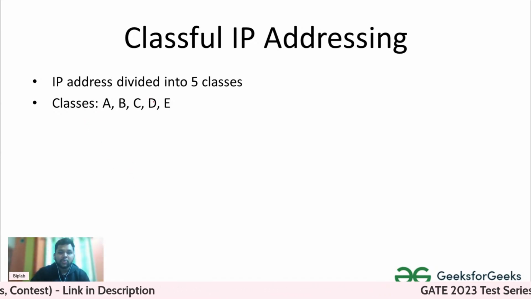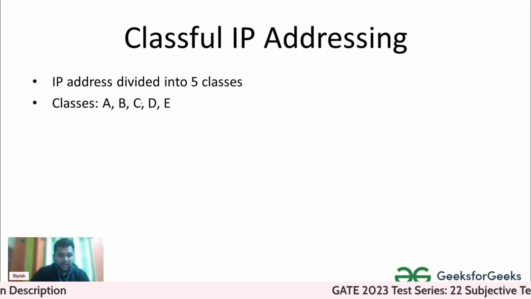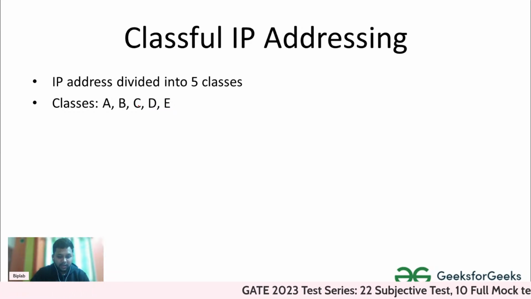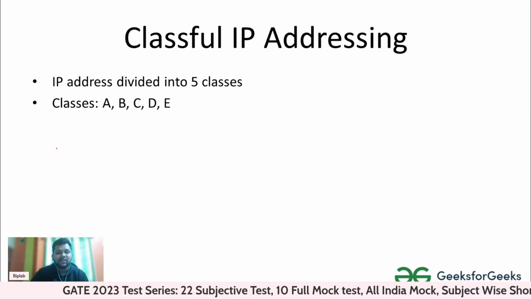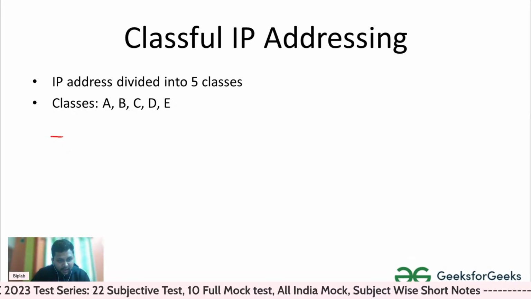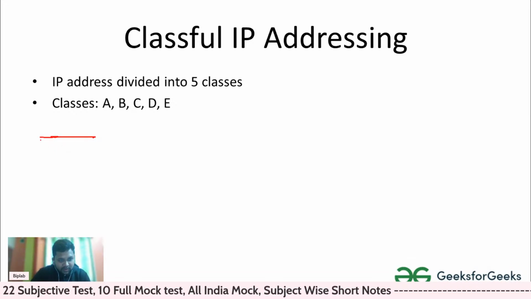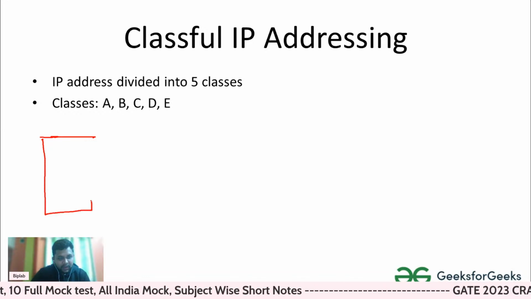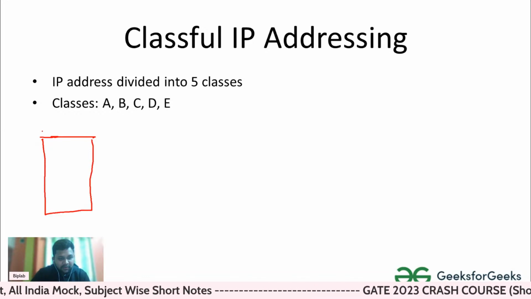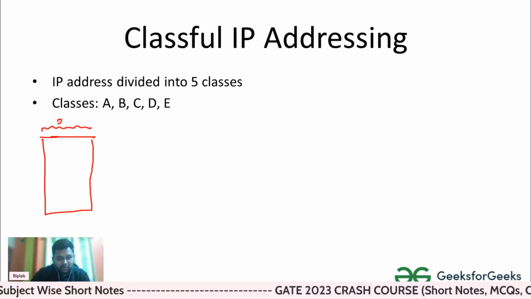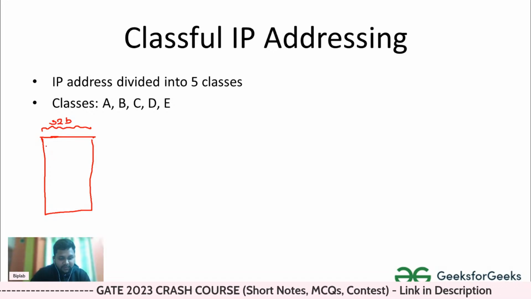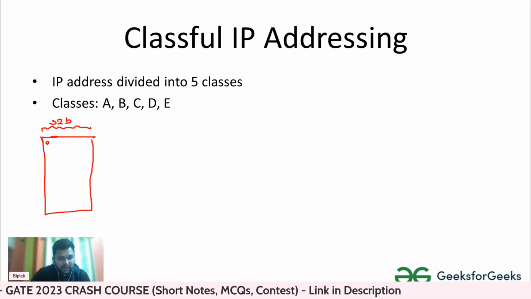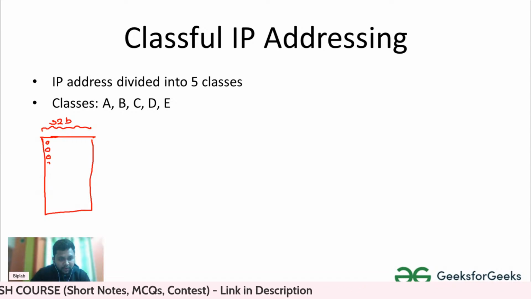There are a total of 5 classes available: A, B, C, D, and E. How are IP addresses divided into these classes? Let us visualize this. Here is your set of IP addresses, which are 32 bits. The first bit of an IP address can be 0.